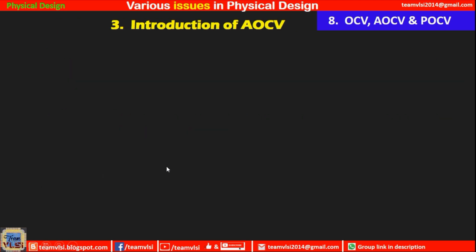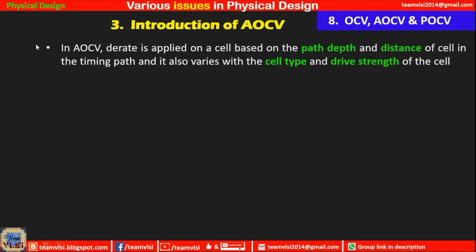So let's see the introduction of AOCV. In AOCV, derate is applied on a cell based on the path depth and distance of the cell in the timing path, and it also varies with cell type and drive strength of the cell. So basically you can see here that derate is a function of path depth and distance.